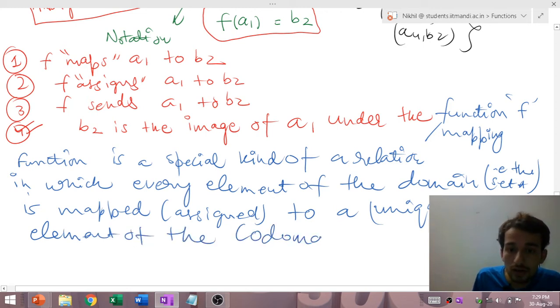Such a kind of relation is called a function.